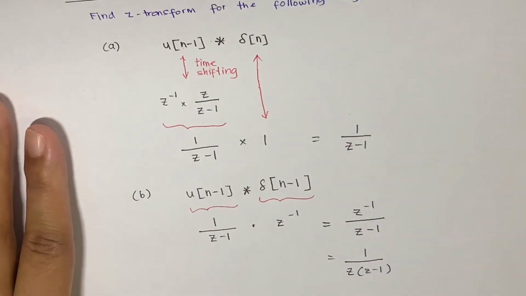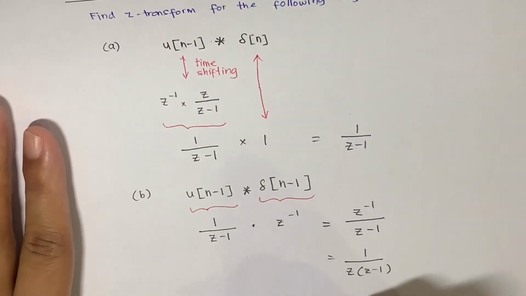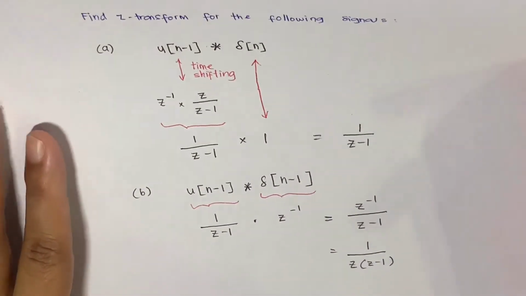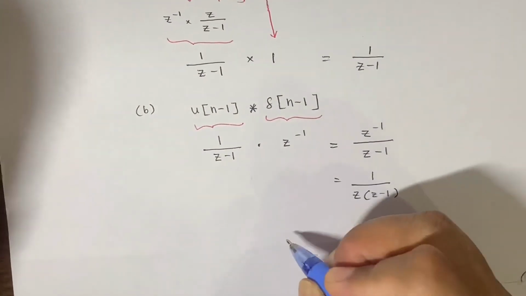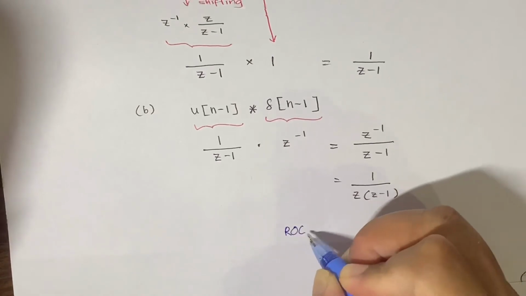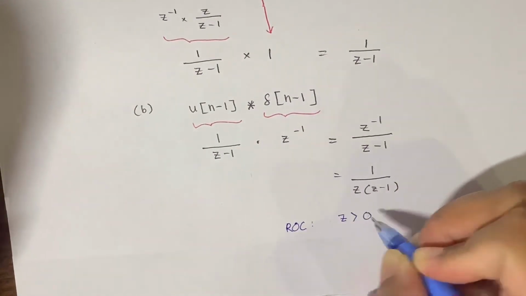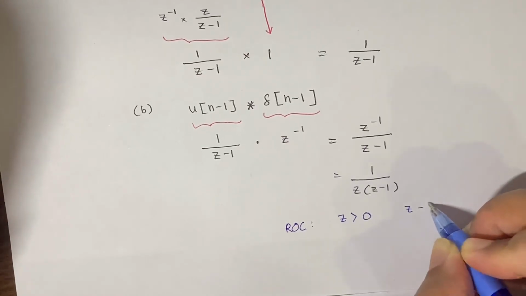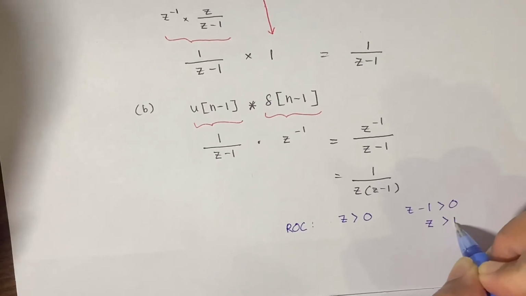Okay, how about the ROC? z bigger than 0, z minus 1 bigger than 0, z bigger than 1.